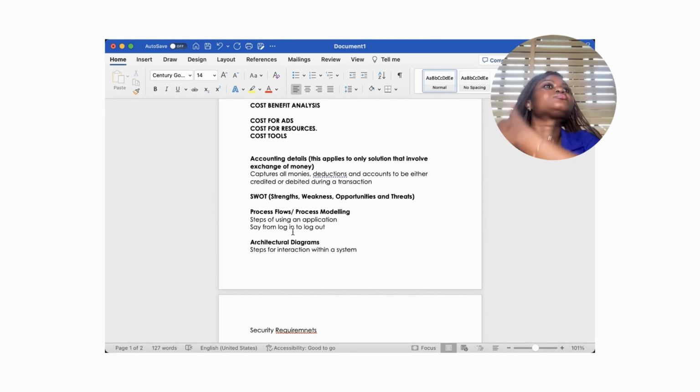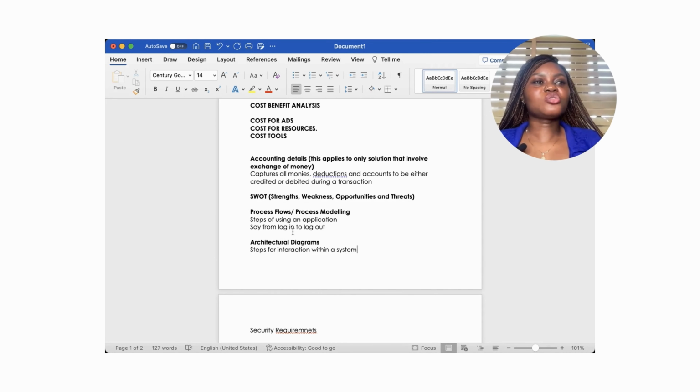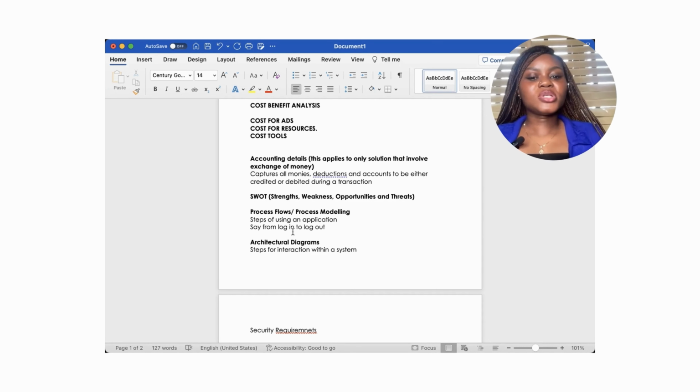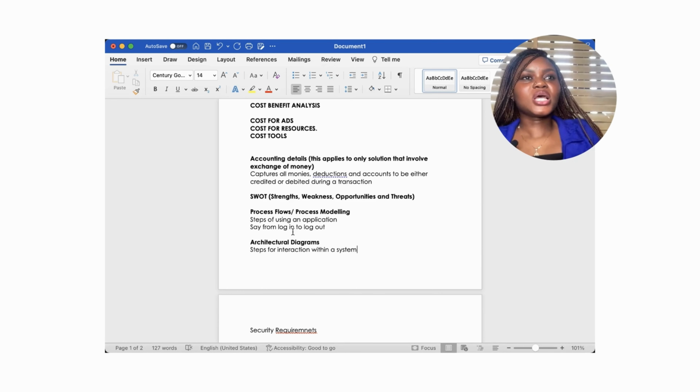So let's say in an architectural diagram, you would see things like at a point a customer receives an email or receives an OTP. The architectural diagram captures the service and says, at this point, this OTP service is called so that the customer can receive an OTP, or at this point an SMS service is called so that the customer can receive the OTP.